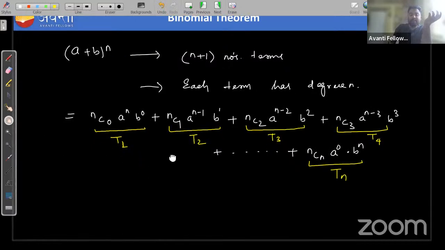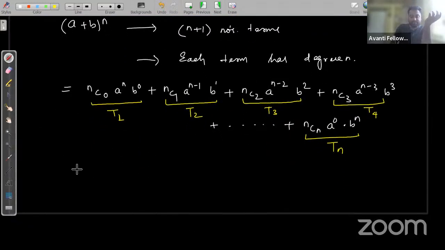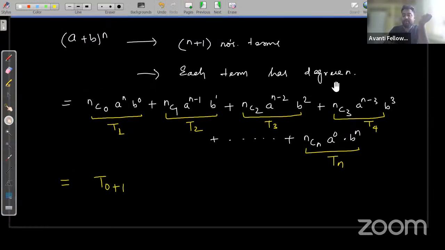So guys, can I write this t1 as t0 plus 1? Because see here, each term has degree n.